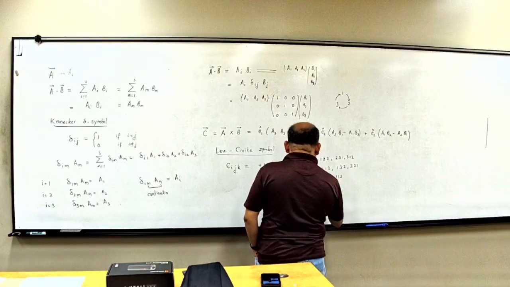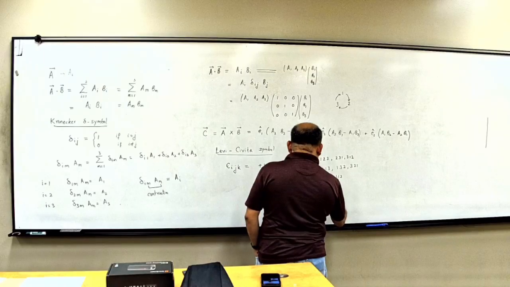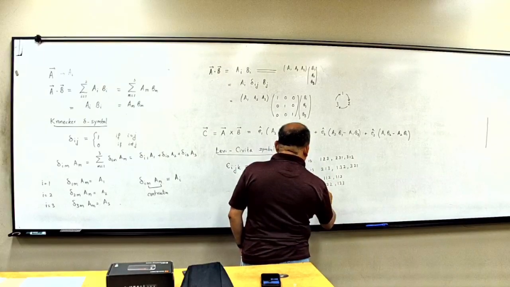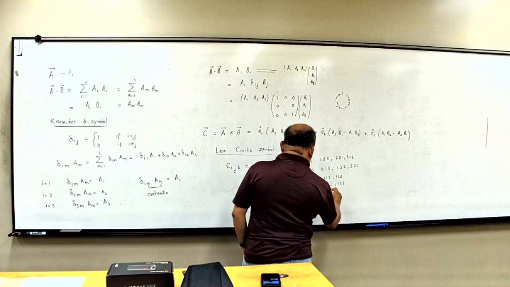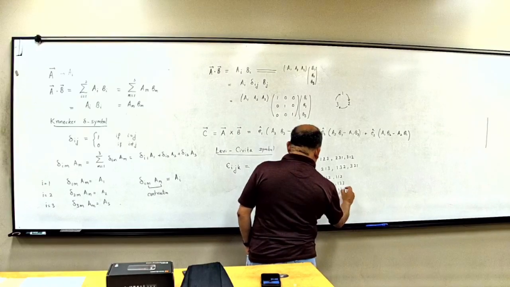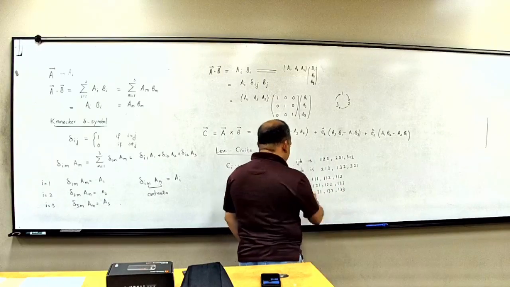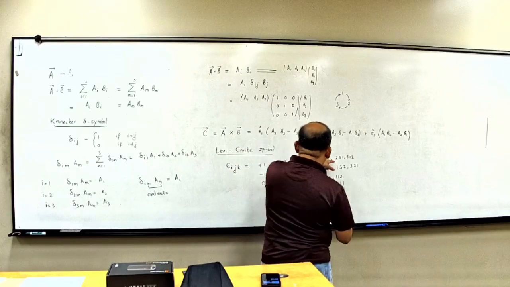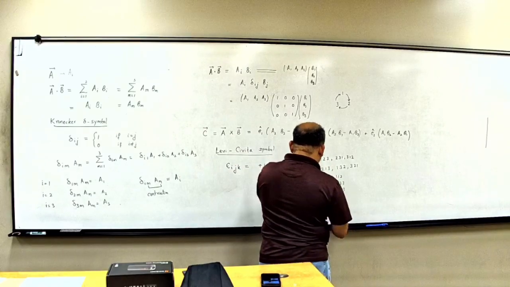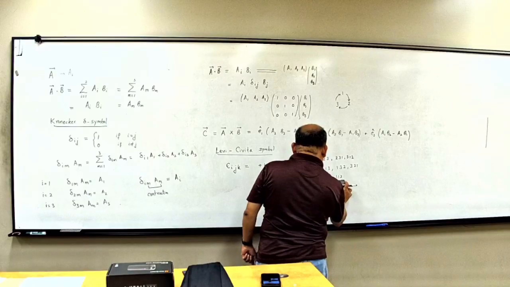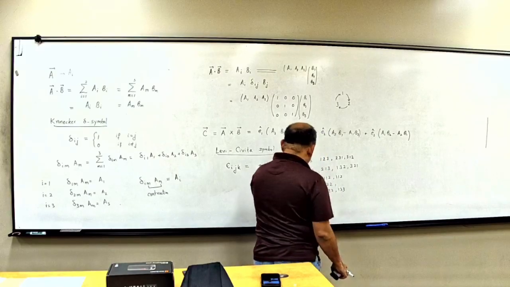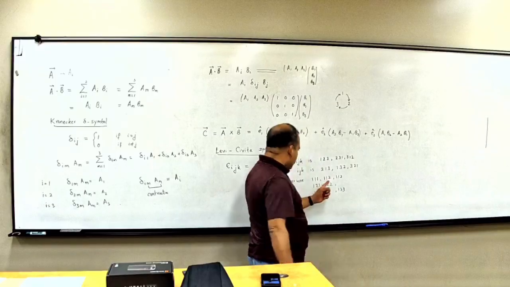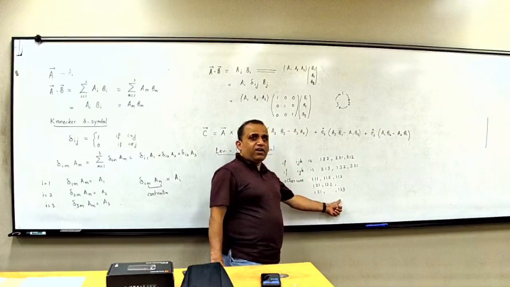So 1, 2, 1, 1, 2, 2, 1, 2, 3, 1, 3, 1, 1, 3, 2, 1, 3, 3. Right? So that's 9 of them. Which one did I miss? So this cannot be there, right? So I remove this, 1, 2, 3, and 1, 3, 2 as well. So 1, 2, 3, 4, 5, 6, 7 are remaining.